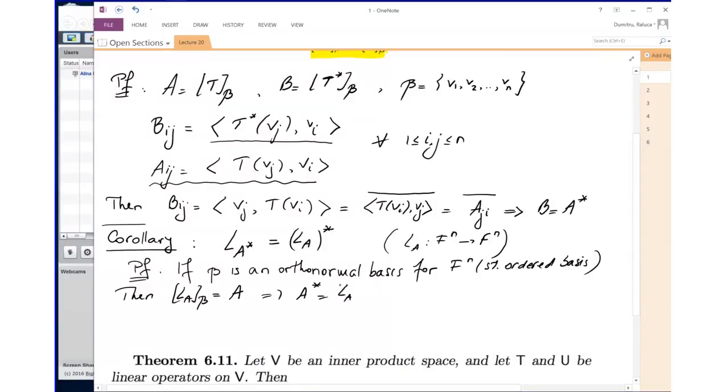So A star is the matrix of left multiplication by A in the basis beta, which according to the theorem above is the matrix of the adjoint of the operator LA, LA all star.